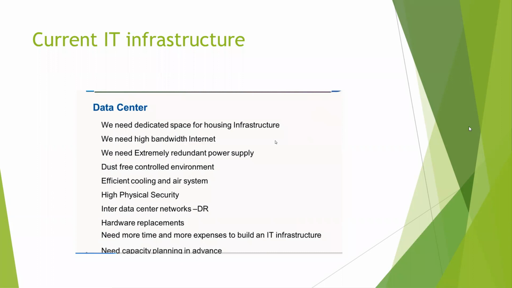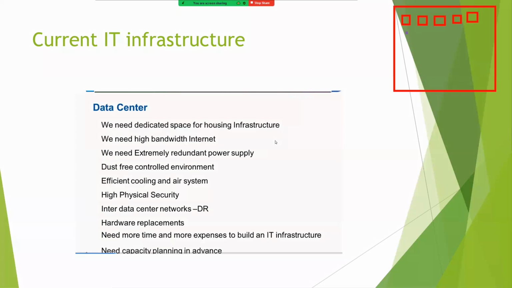Let me conclude with a very simple definition. Cloud computing is nothing but a collection of remote services. My words are very clear. What is cloud computing? Cloud computing is nothing but a collection of remote services. Remote services means all enterprise requirement services are deployed at a single place.